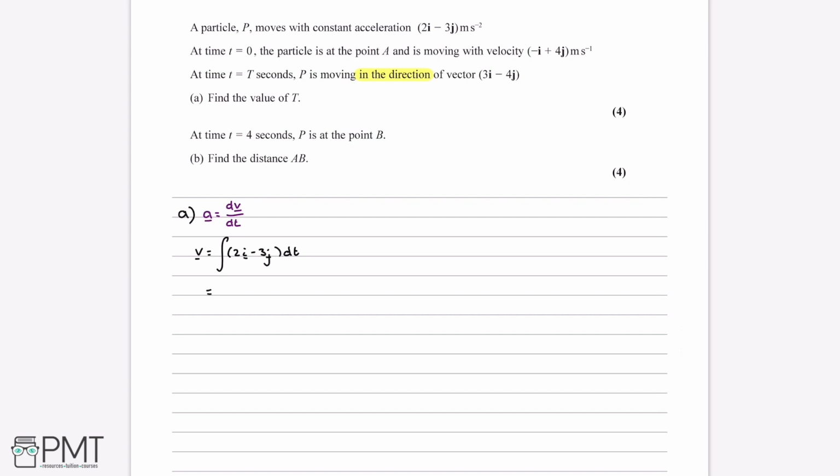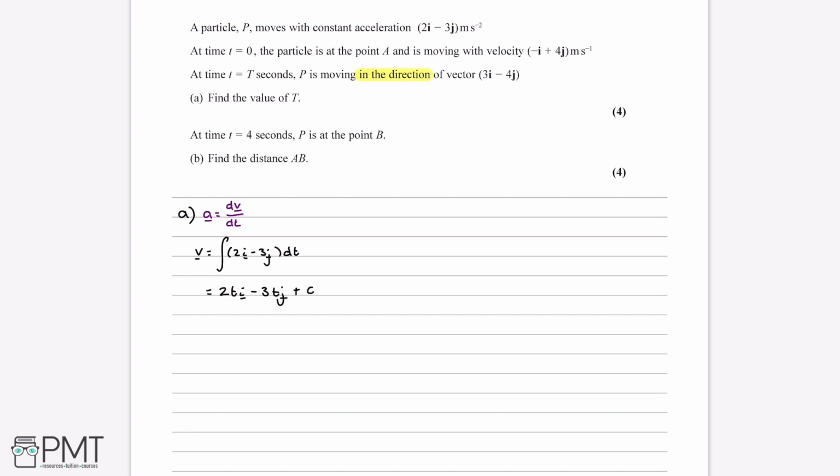If we integrate, we can write this as 2ti minus 3tj, because if we treat 2i as 2t to the power of 0, we add 1 to the power, so we get 2t to the power of 1, and then divide the coefficient by this power. 2 divided by 1 is 2, so we're left with 2t. We do the exact same thing for minus 3j, and we get minus 3tj.